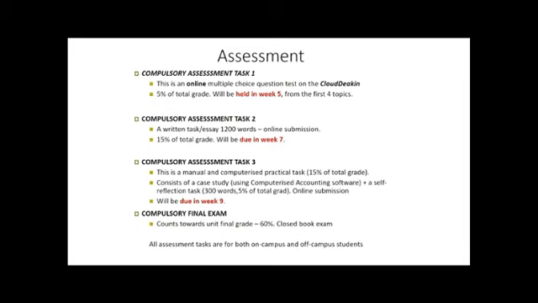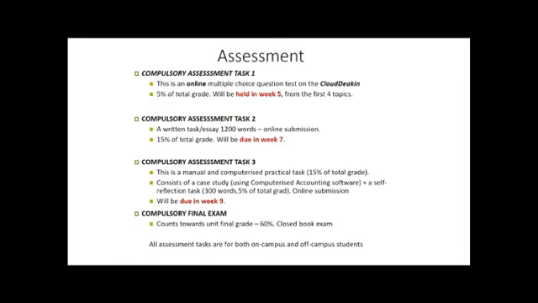All right, so this is about assessment, and sorry, I just missed mentioning the hurdle requirement of the exam, and the hurdle which we have is 50% of the exam marks.